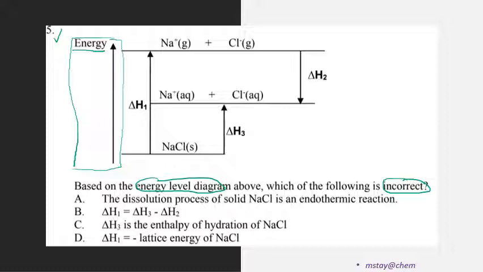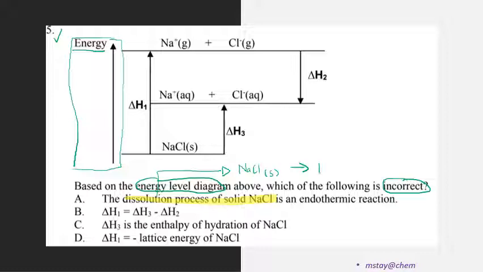The dissolution of the solid NaCl is an exothermic process. Again, this shows how important it is that we know the definition for the type of enthalpy. So this solution basically refers to NaCl solid dissolved in water.